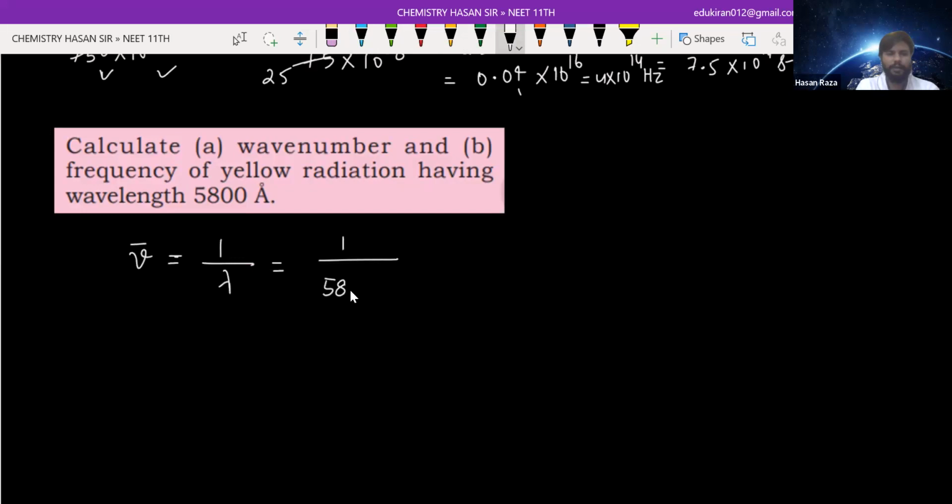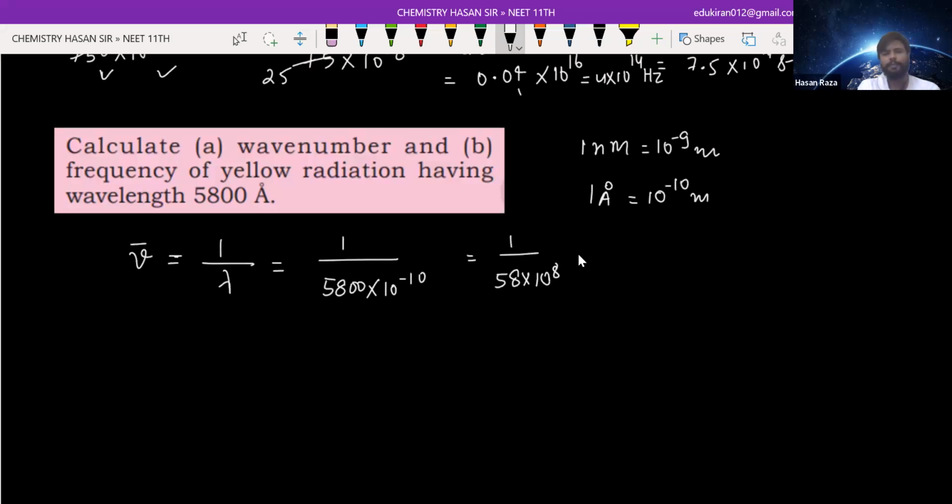Wave number, wavelength is 5800 angstrom. Just convert this into meter, because you know that 1 nanometer is equal to 10 raised to the power minus 9 meter, and 1 angstrom is equal to 10 raised to the power minus 10 meter. The rest you can see, 58 into 10 raised to the power 8, and this is per meter, because meter is here, so it becomes per meter.